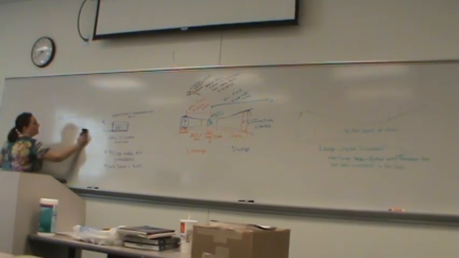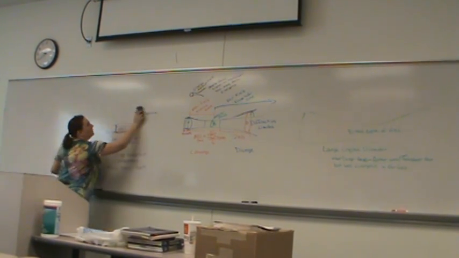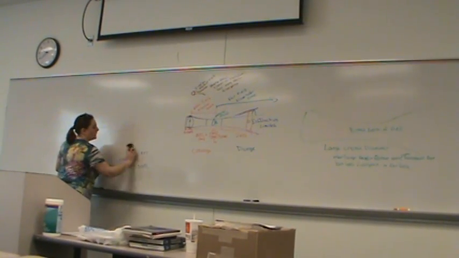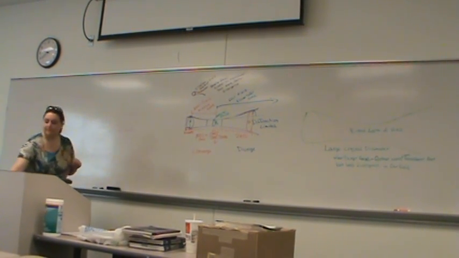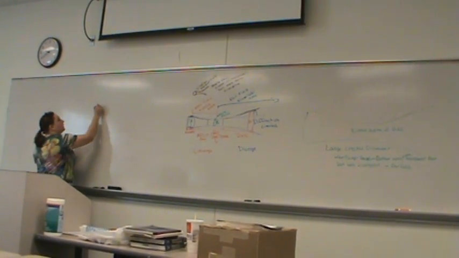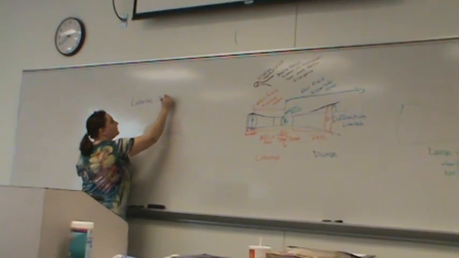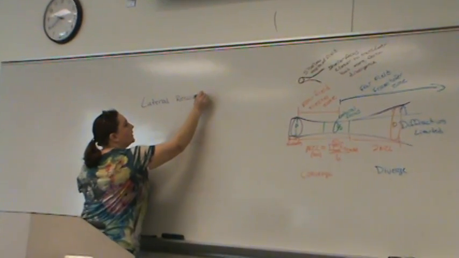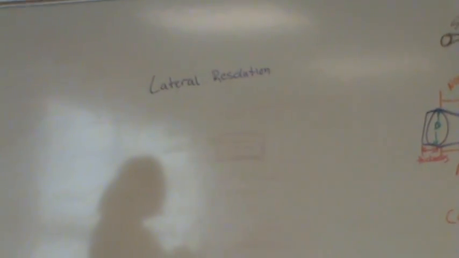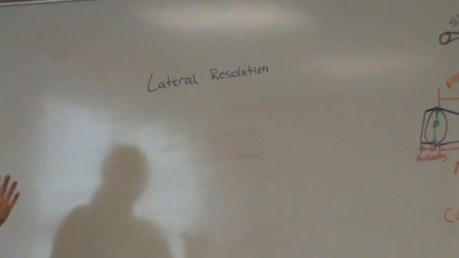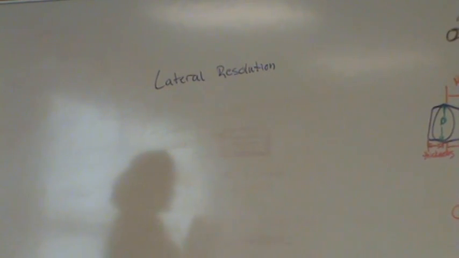While we're talking about beam widths and transducers and all that, we're going to talk really quickly about lateral resolution. Okay, so lateral resolution is the ability to resolve two structures that are spaced closely together side by side, or in a lateral dimension.